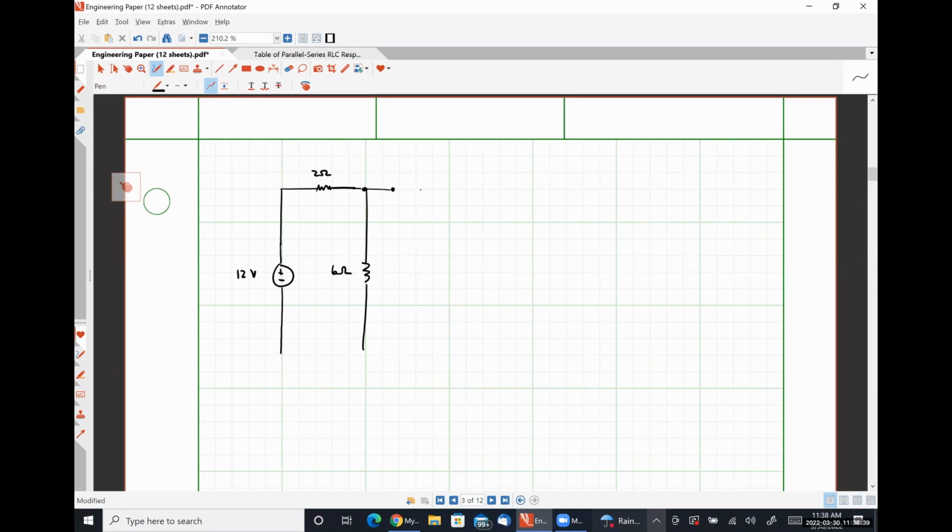Here we're going to have a switch, and our switch is going to open at t equals 0.